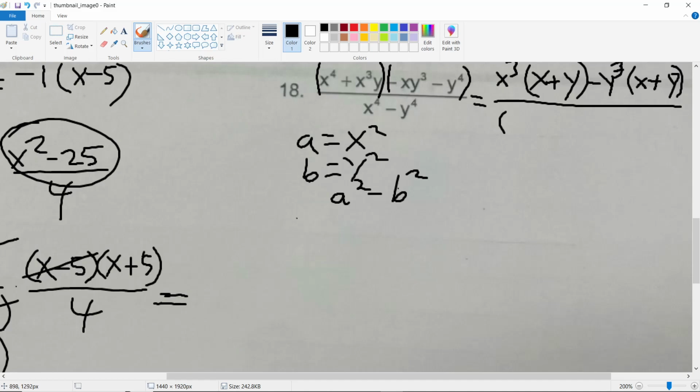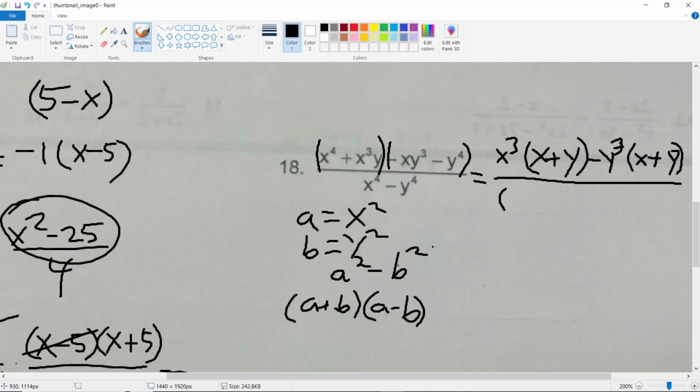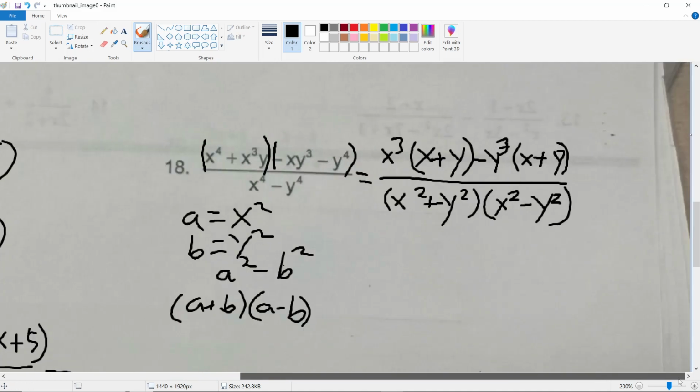So remember, a squared minus b squared is a plus b times a minus b. So this is x squared plus y squared times x squared minus y squared. Now I'll do some more factoring down here.